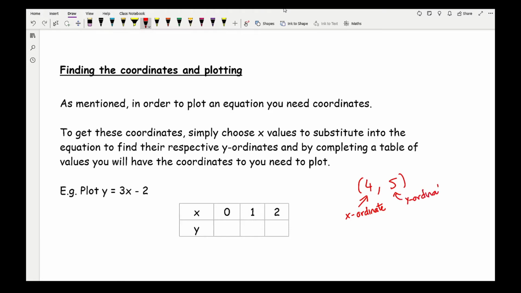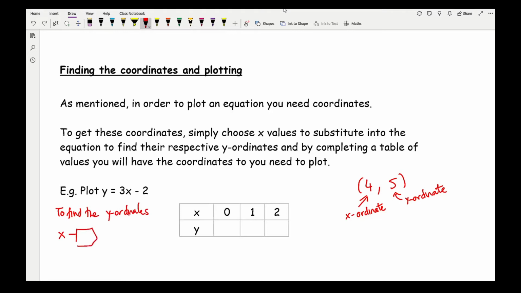And together they join to make coordinates. So by completing the table, we can then have our coordinates. So for example, in this particular thing here, to find the y ordinates, what I need to do is I start with x.